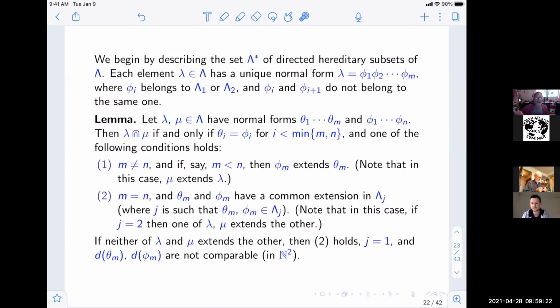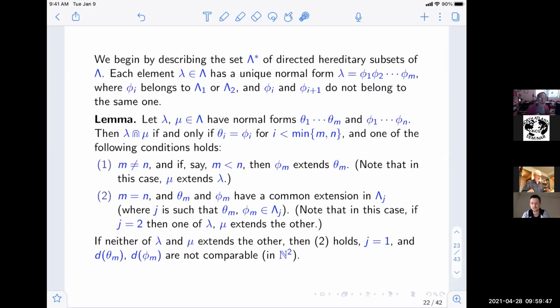And the problem is that two infinite paths might be representing the same element because of the identifications. So a more fundamental way of describing it is the directed hereditary sets. Actually, what I'm about to mention now is a way of describing these by infinite paths.